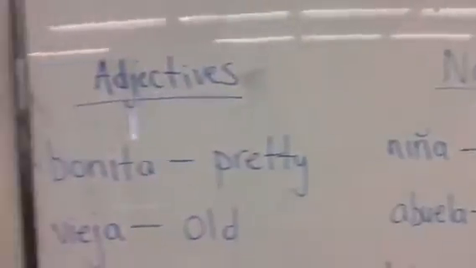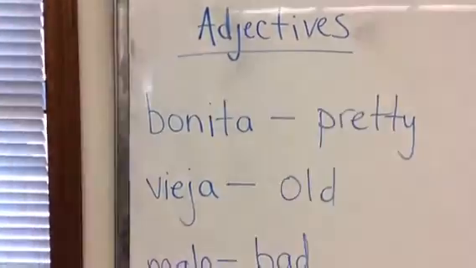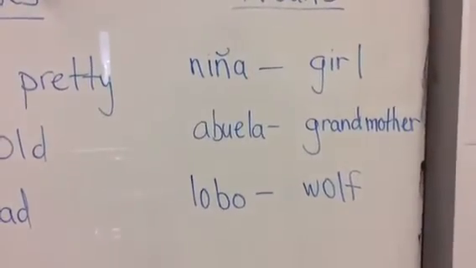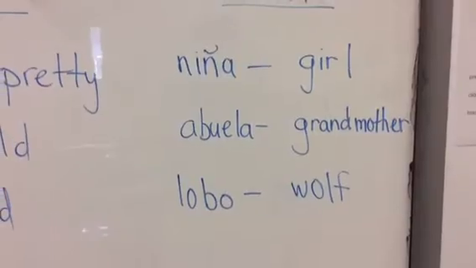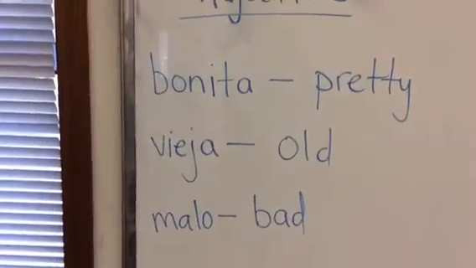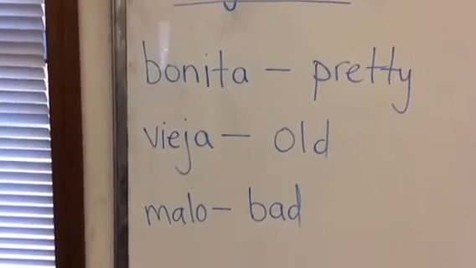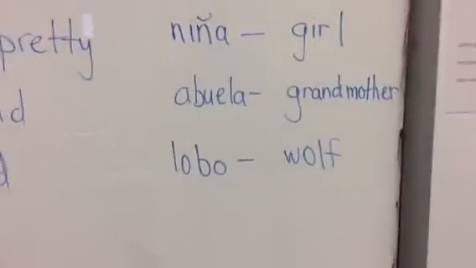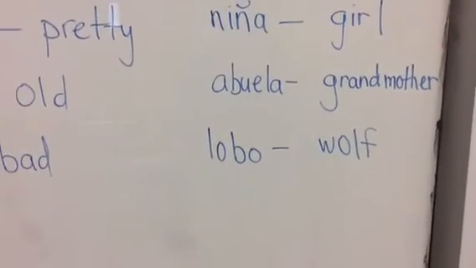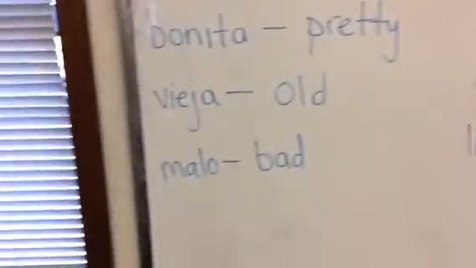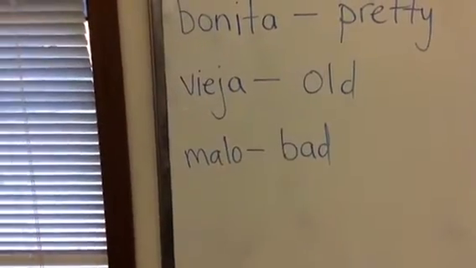So both the noun and adjective end in A. The same would be true for abuela. Abuela is a feminine noun, so it would have to be paired with a feminine adjective, which is vieja. It ends with an A. Lobo. That is a masculine noun because it ends with an O. And so I would need to pair it with a masculine adjective, malo.